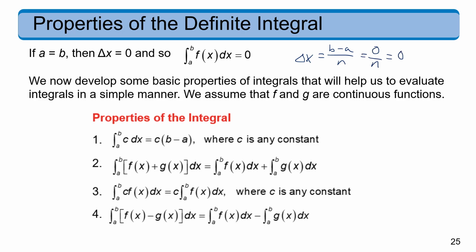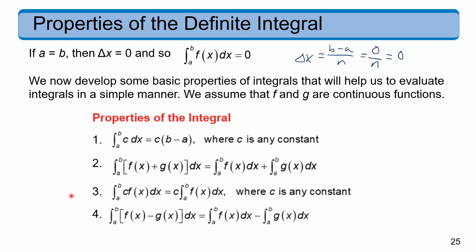So the delta x is 0, the width of each sub-rectangle is 0, and so the area is going to be 0. So we have this property: the integral here will turn out to be 0 if you're integrating from one number to the same number.